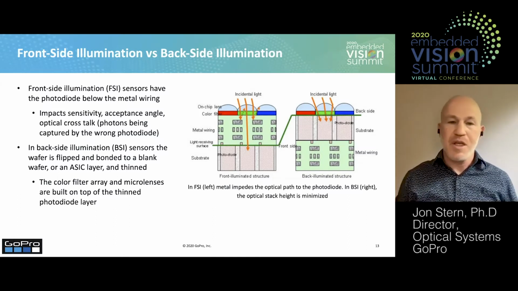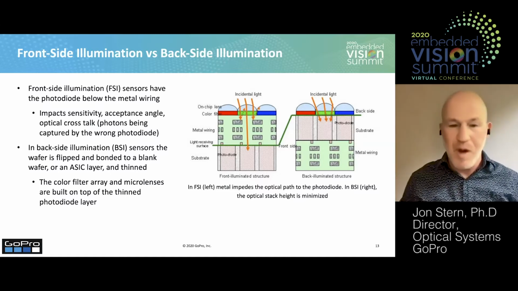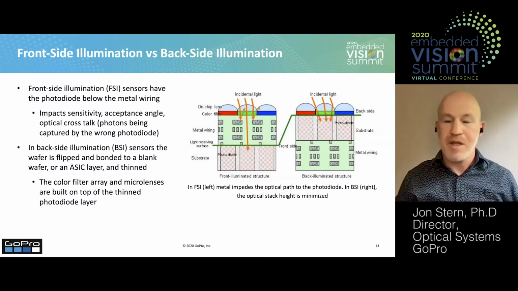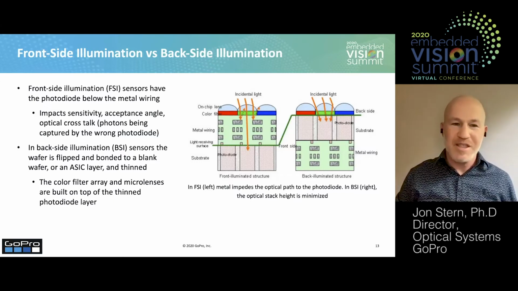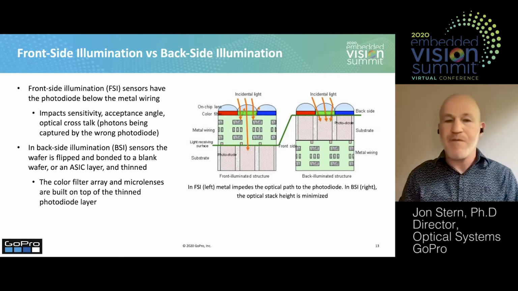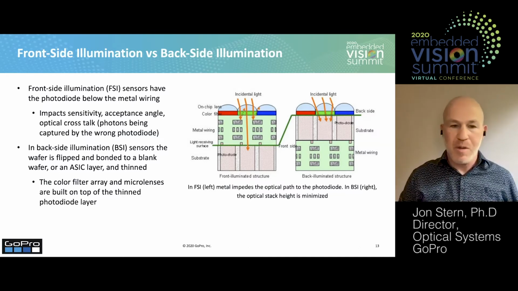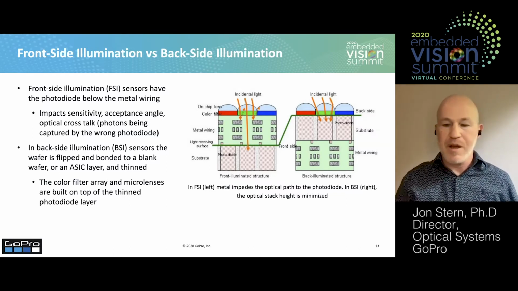In the newer technology, BSI, which has actually been around from the days when people would polish wafers by hand, but it's new in that it's become commercially available at viable price points. In this technology, the wafer is flipped and bonded to a blank wafer or an ASIC layer and then thinned down. And then the color filter array and microlenses are built on top of the thinned photodiode layer.